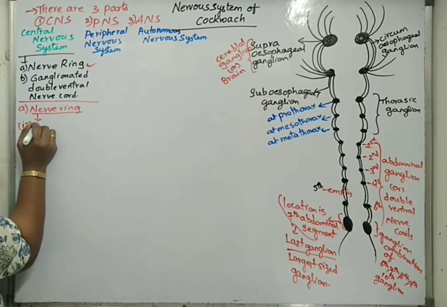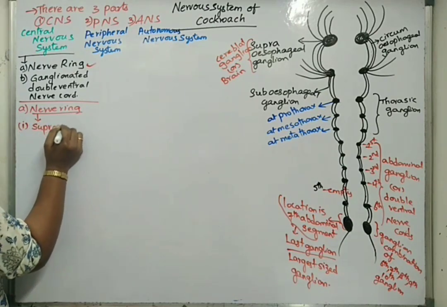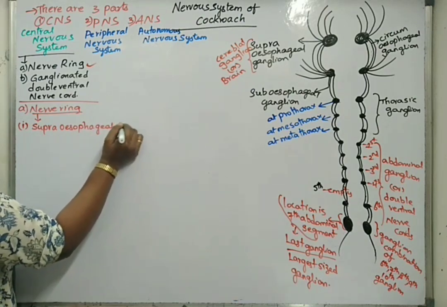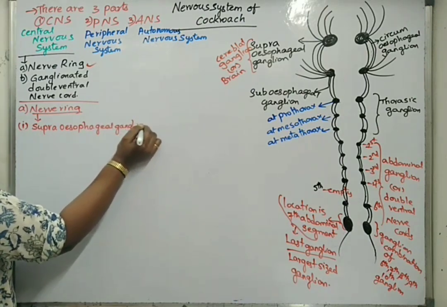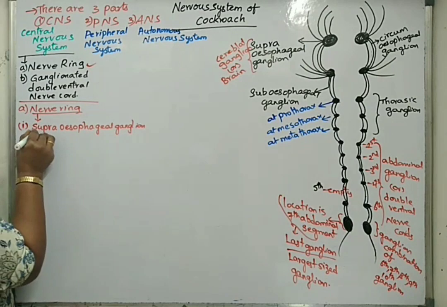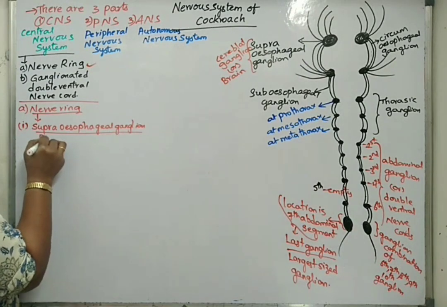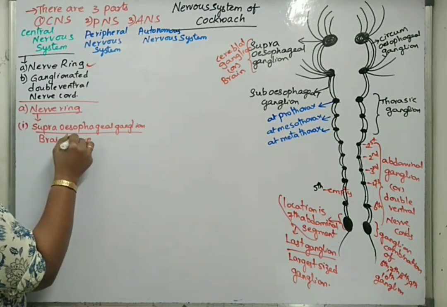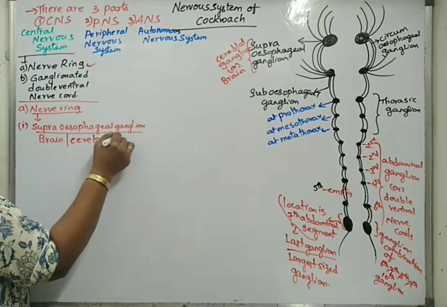So first one, supraesophageal ganglion, which is also called brain or cerebral ganglion.